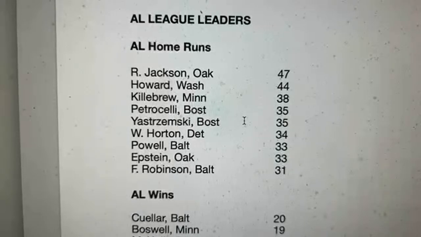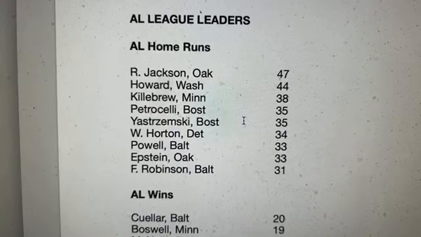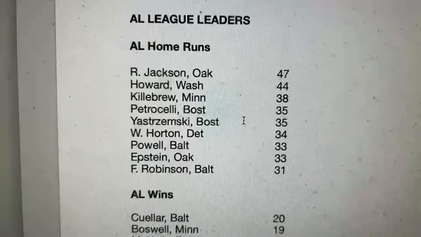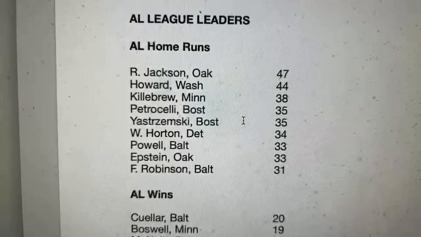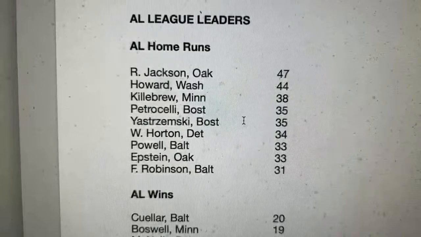Killebrew with 38, Rico with 35, and Yaz with 35, teammates. Epstein has 33, so you have Jackson and Epstein, just like in real world. Boog Powell with 33, Frank Robinson with 31, Willie Horton with 34 for Detroit.